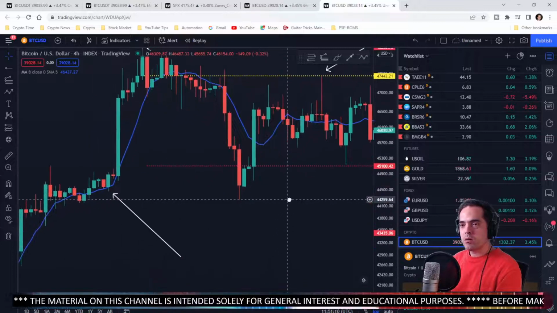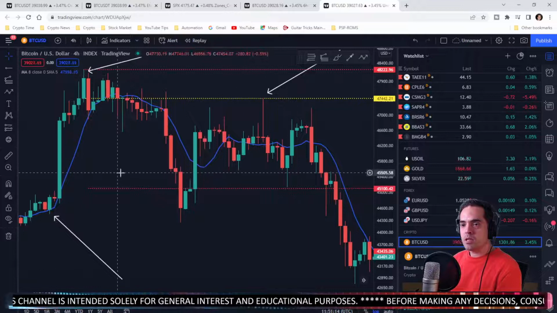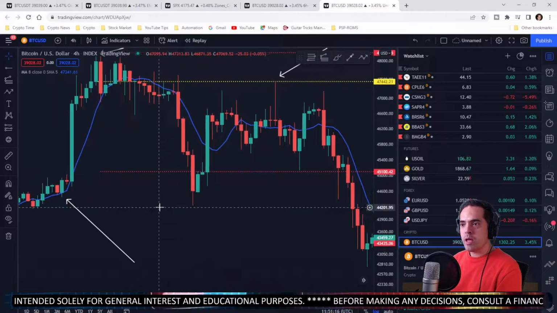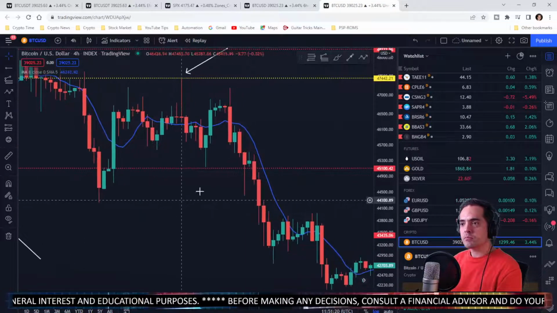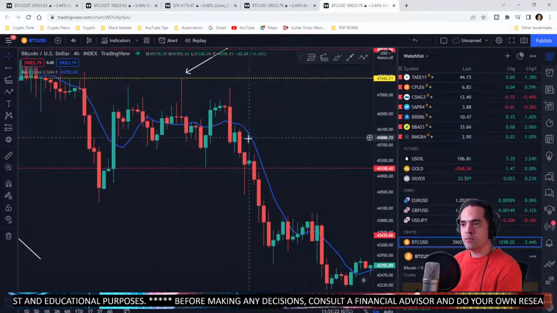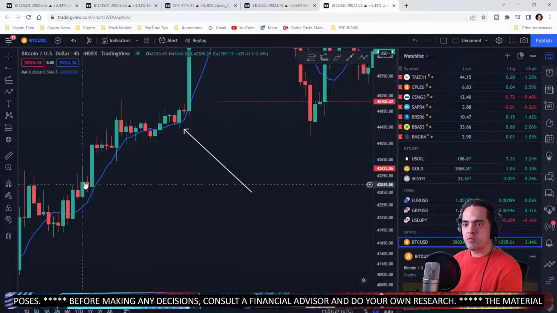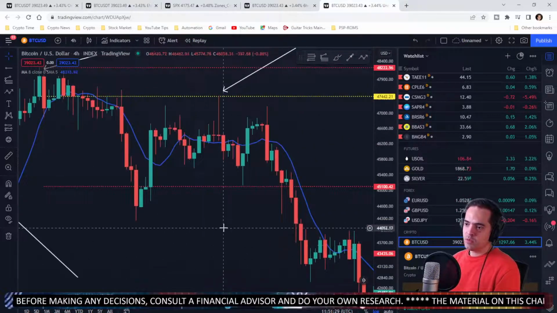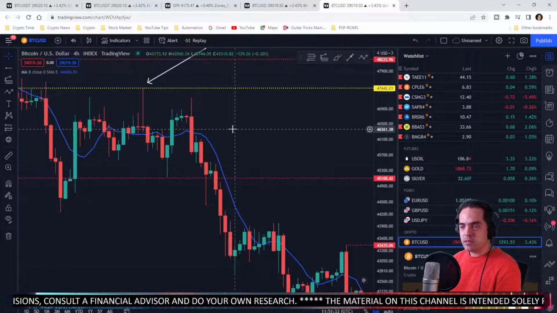300%. And if you want to use the MA, use the MA8. That will help you to identify if you're gonna sell when the price goes below, or if you're gonna buy if the price goes above. So that's the trick, that's the giveaway.